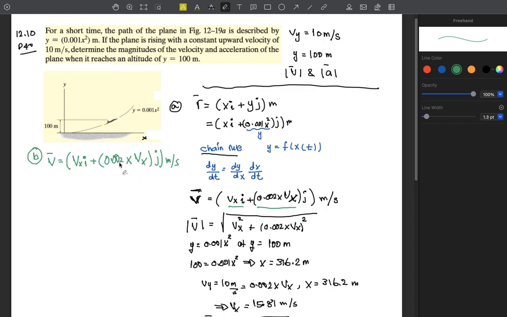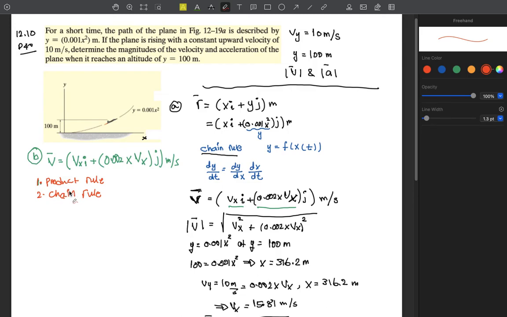So here we have to make use of the product rule and the chain rule. Both the product rule and the chain rule. Okay, let's see how things go.